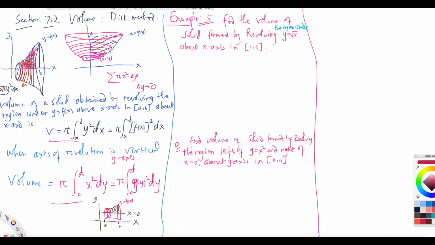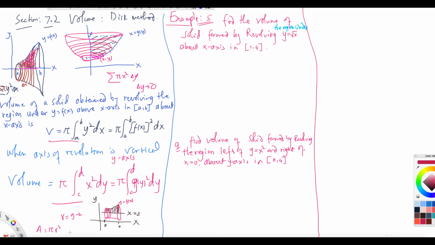It is not just y, because that radius is above 2, and y minus 2 will be the radius, right? So the radius basically will be y minus 2, that is f of x minus 2.